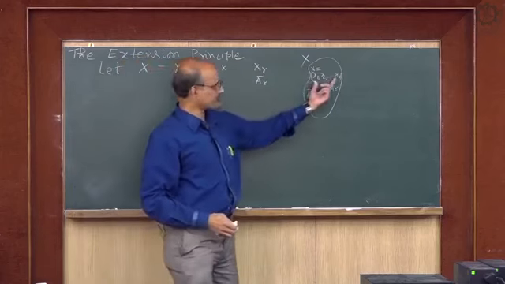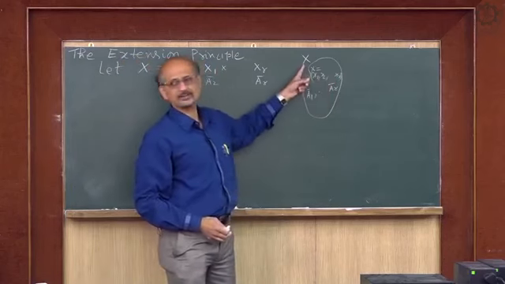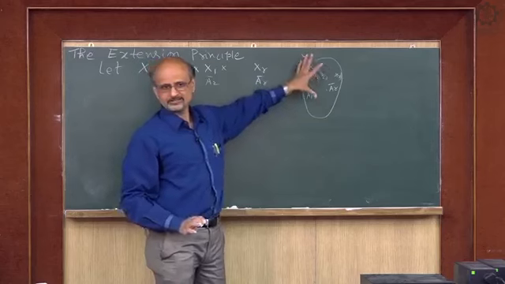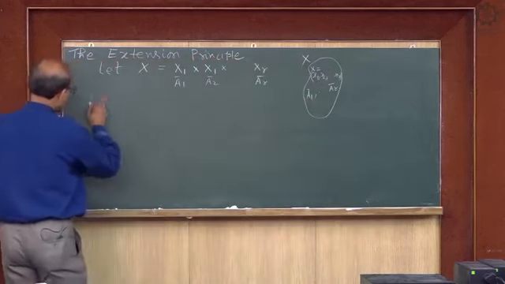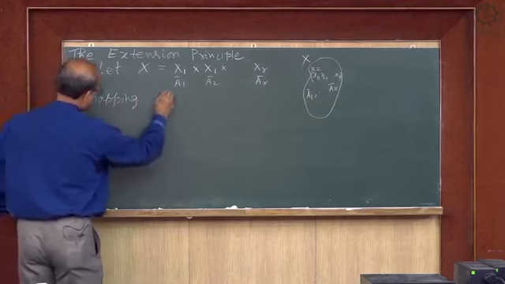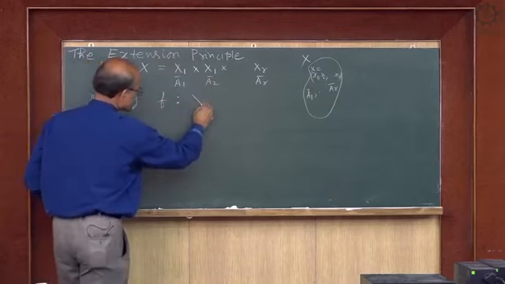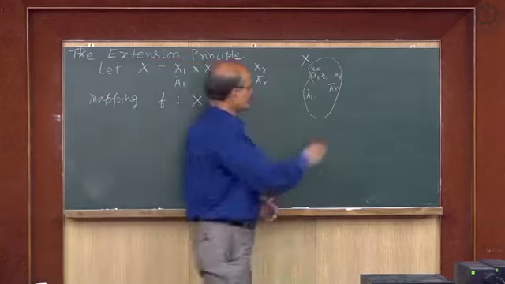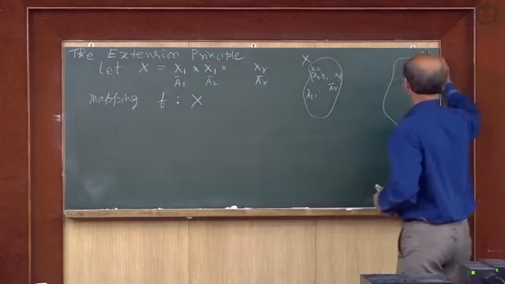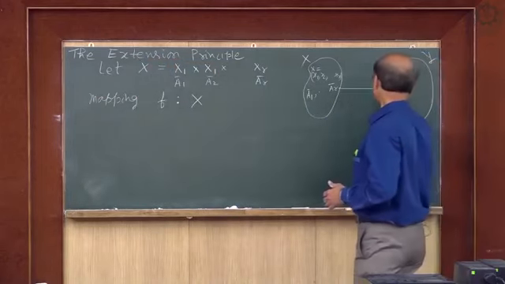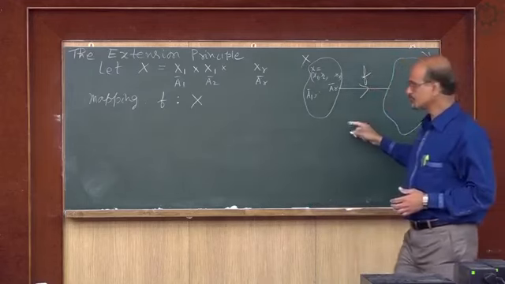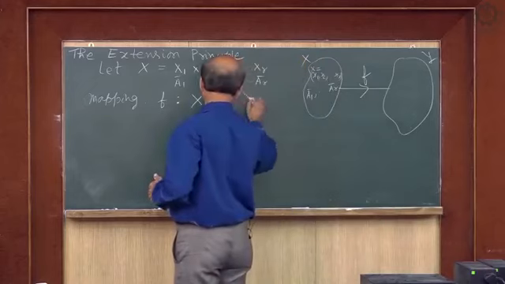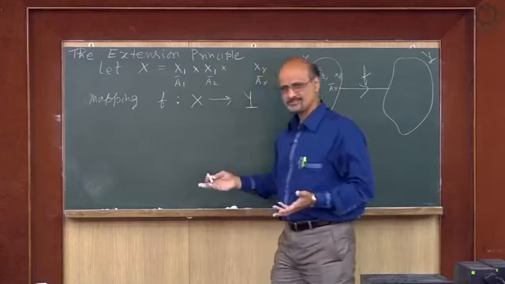That means this vector x1, x2, ..., xr will be in capital X. This is given, suppose. Now I will define a function, a mapping f from this X to another universal set Y. What is that function?